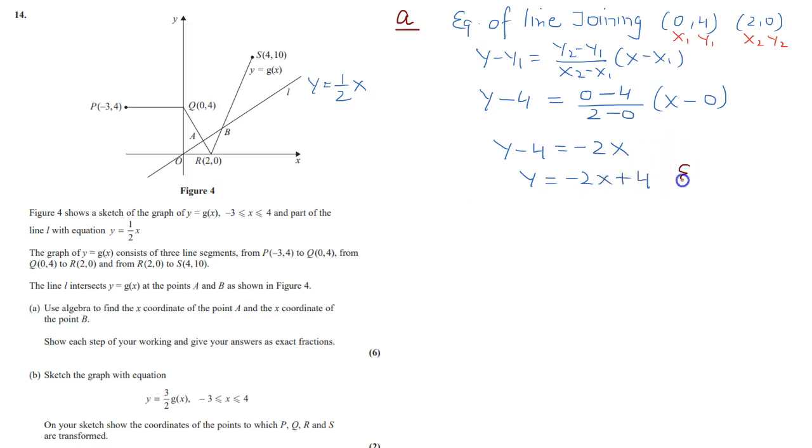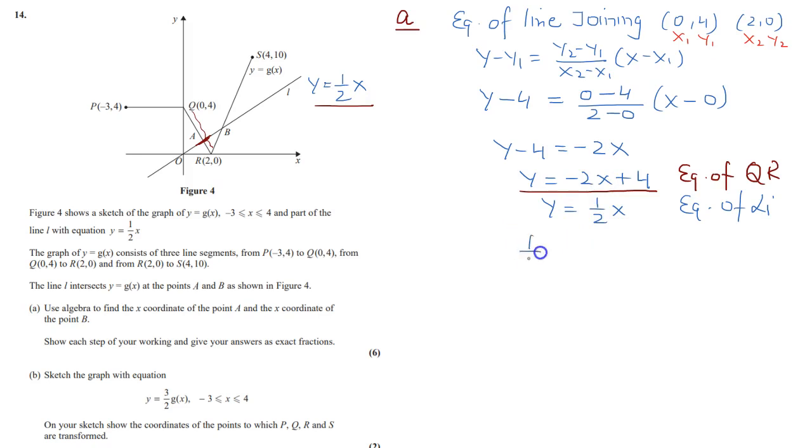This is the equation of QR and this is the equation of line L. So QR and L are intersecting here at A. So y is equal to half x, that is the equation of L. They are intersecting, so it means y is equal to y.